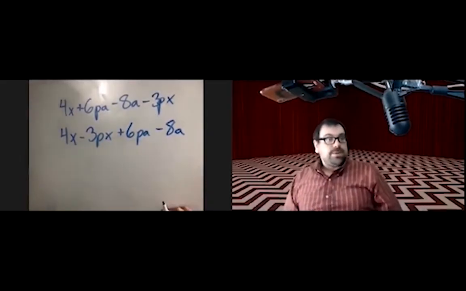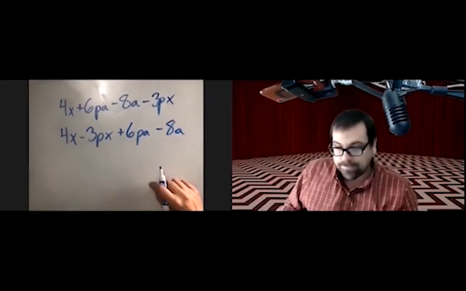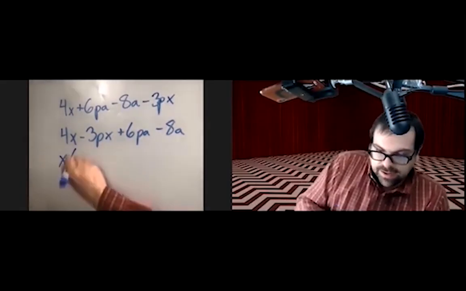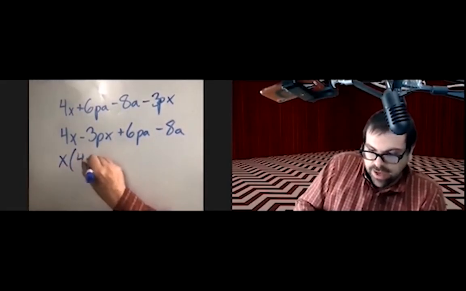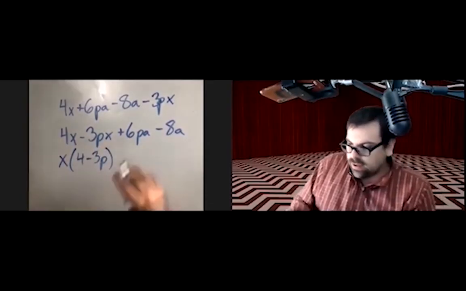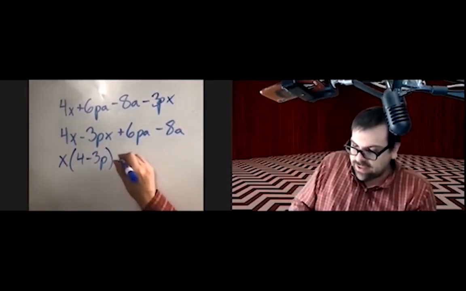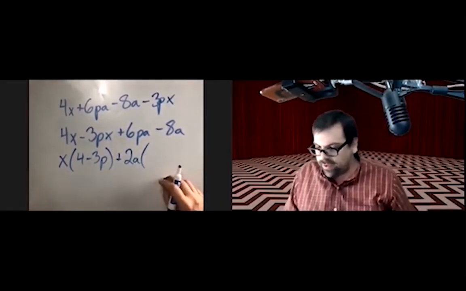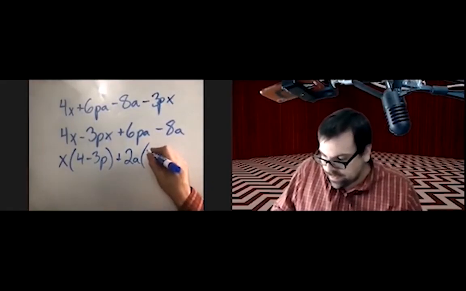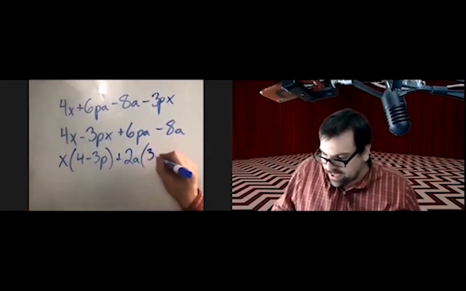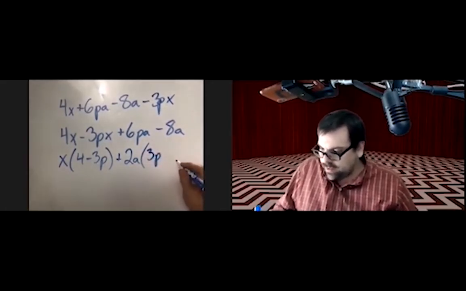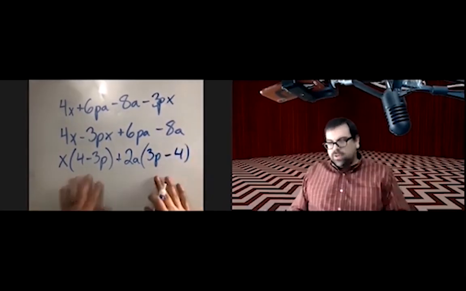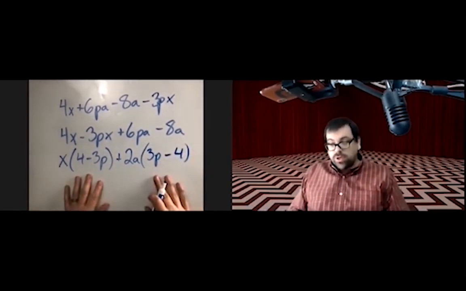Let's see if that works. Well, now here I can take out an x, and I'm left with 4 minus 3p. Over here, I can factor out a 2a, and I'm left with 3p minus 4. Close, no good.